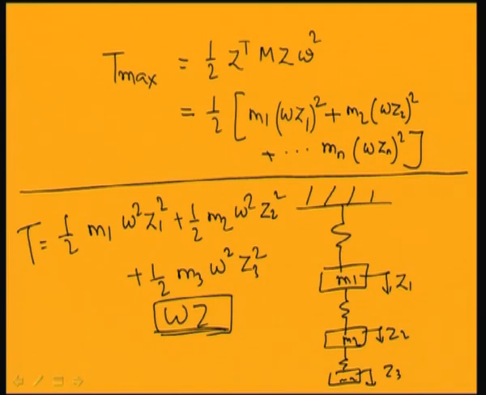Now we have to guess the values z1, z2, z3. In this case I can take the static deflection, where the displacement will be proportional to m1g, this one proportional to m2g, and the displacement of this will also be proportional to m3g. So, in this static deflection we can find the potential energy of the system. The potential energy I can write in this form.